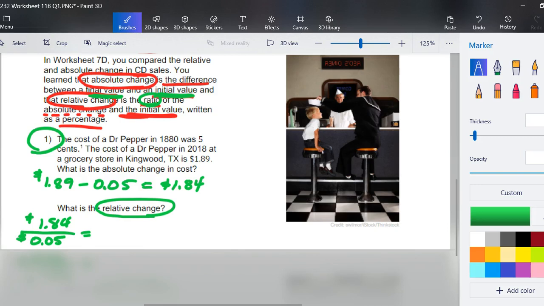We're going to write it as a percentage, so we need to divide first. $1.84 divided by 0.05, I get a decimal value, but to write it as a percentage, we need to write it as 3,680%. I think the price has increased a bit.